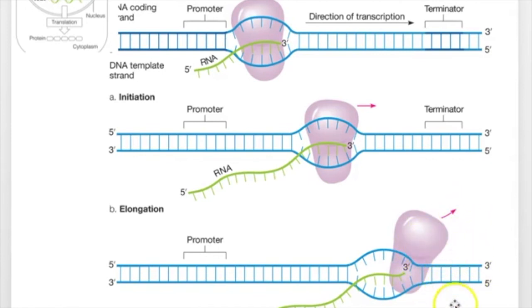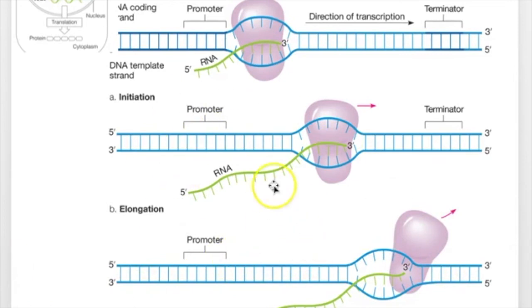And in some cases, the terminator region recruits another protein, and that protein inhibits RNA polymerase from continuing forward. So basically, the bottom line is that there's a specific sequence of DNA down here, and it causes RNA polymerase to dissociate. And when RNA polymerase dissociates from the DNA, it releases the mRNA transcript.